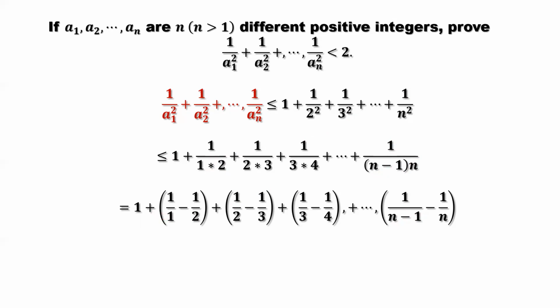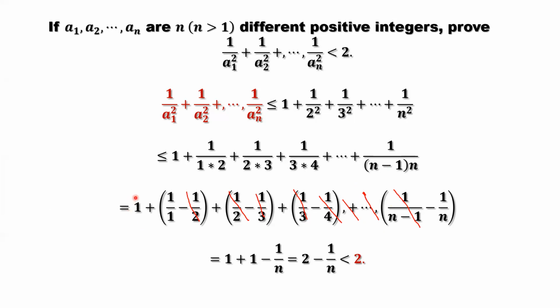Let's mark it. Now look at it. We have negative 1/2 here, and here's positive 1/2, they cancel each other. Negative 1/3, positive 1/3, cancel each other. Negative 1/4, you have positive 1/4 here. You have negative 1 over n minus 1 here, and positive 1 over n minus 1. So what's left?